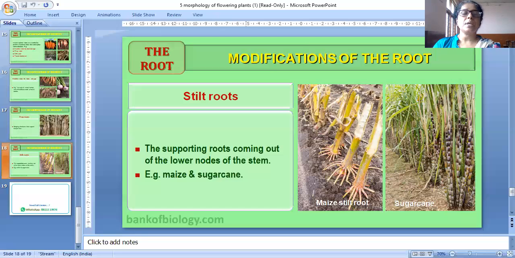This is the example of opposite type. If more than two leaves arise from a node, then it is called whorled. So, three types are there: alternate, opposite, and whorled.